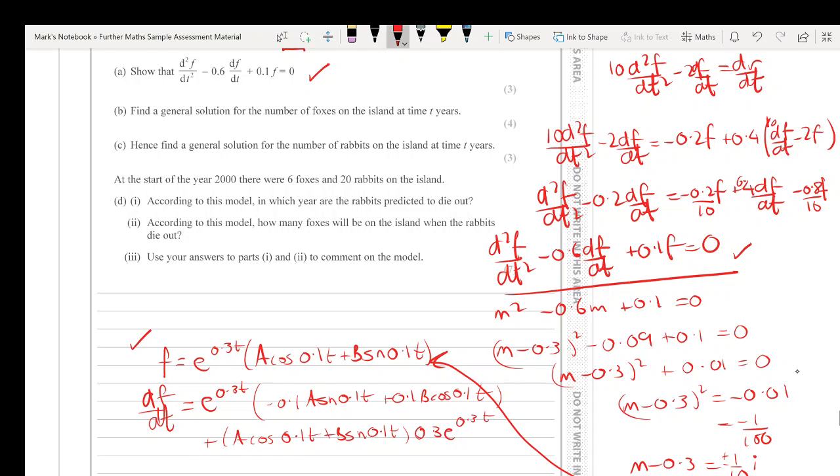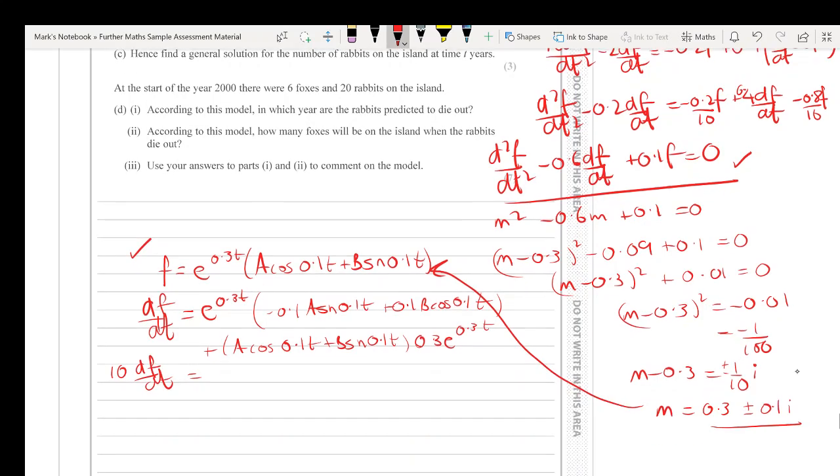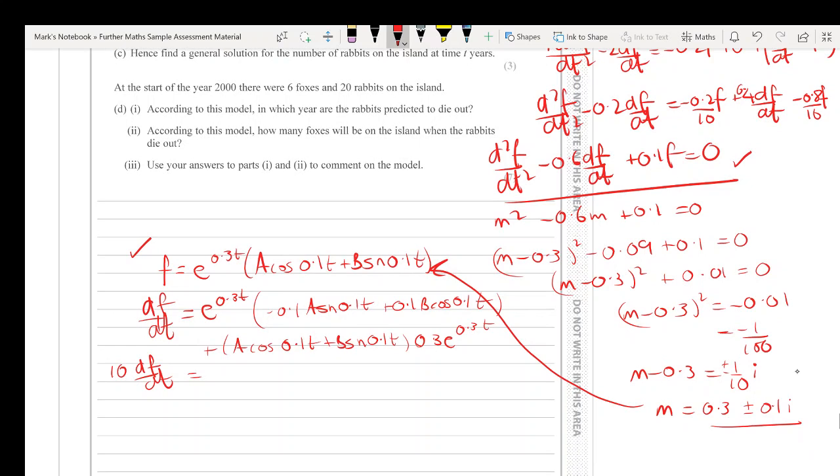Now, it's an awful lot of decimals here, but because in the original one it said 10 df dt, we times a lot by 10. 10 df dt will equal, so we can times all the bits by 10, so we're going to get, that will become 1, 1, 1, that will become a 3.